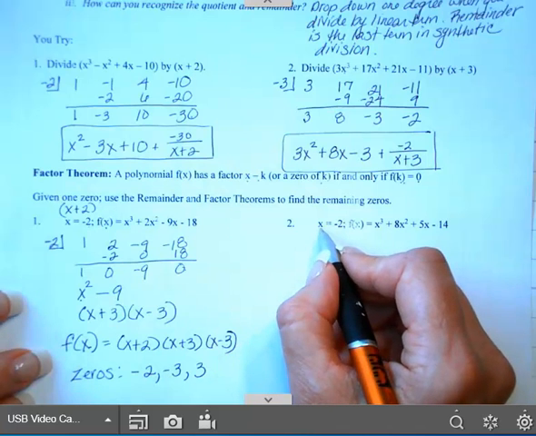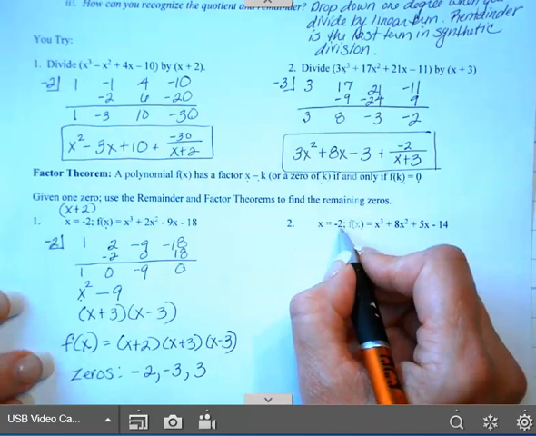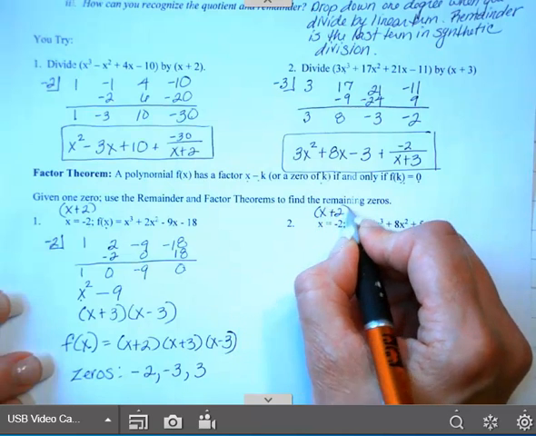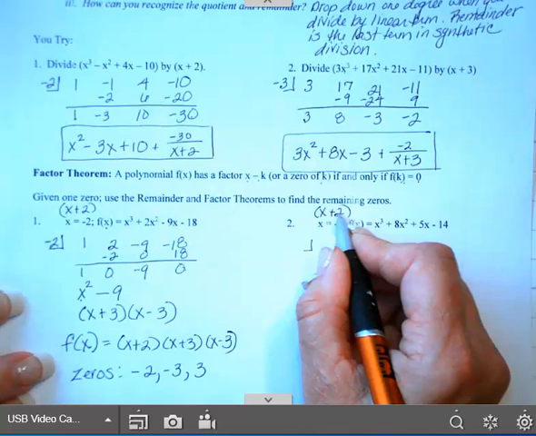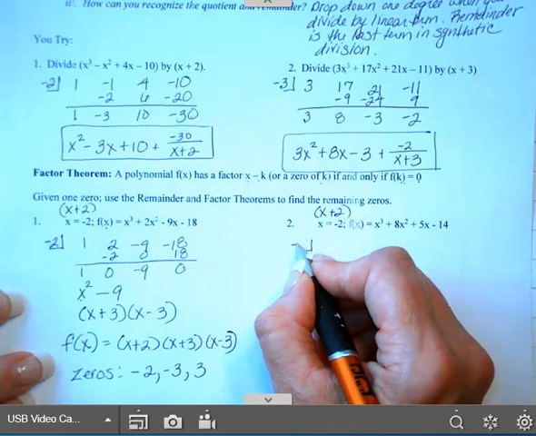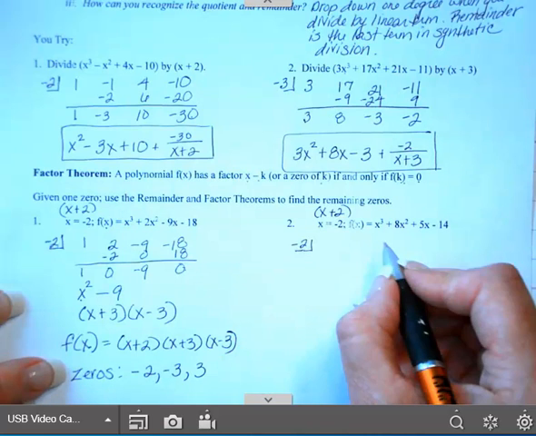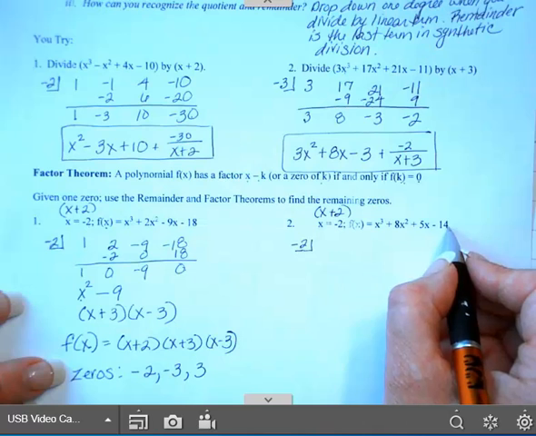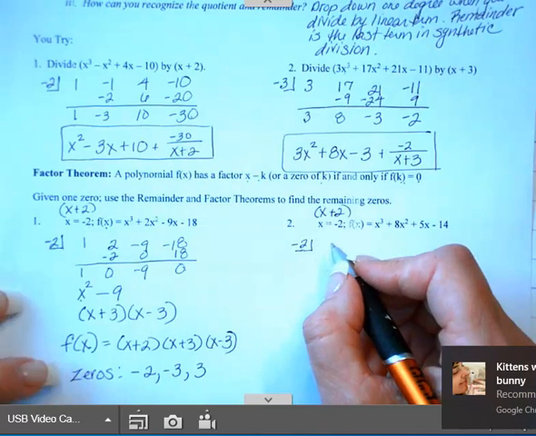Let's do the same thing for the next problem. So if x equals -2, that means my factor was x plus 2. But what goes in the box is what makes this factor, my divisor, 0, and that was -2. And I'm going to look, do I need a placeholder? 3, 2, 1, no x's, so I don't need a placeholder.